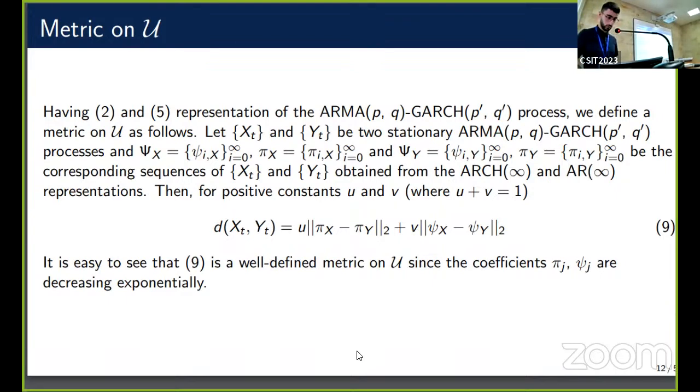It's the L2 norm on the infinite P and C sequences. Here u and v are positive constants. Usually they sum up to 1, and it's a mechanism to give more attention to the mean process or the volatility process. It's a well-defined metric since these coefficients decrease exponentially.